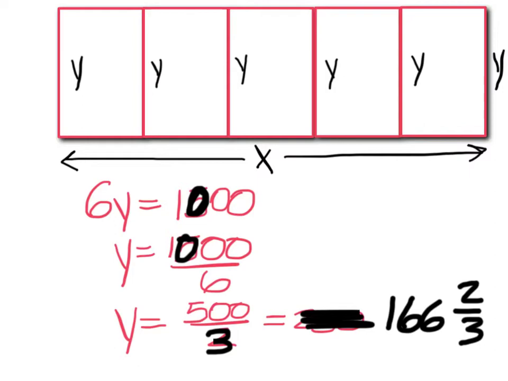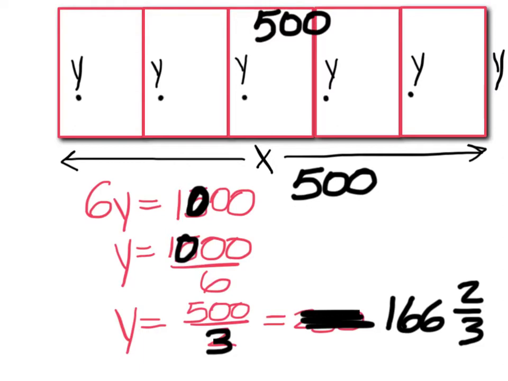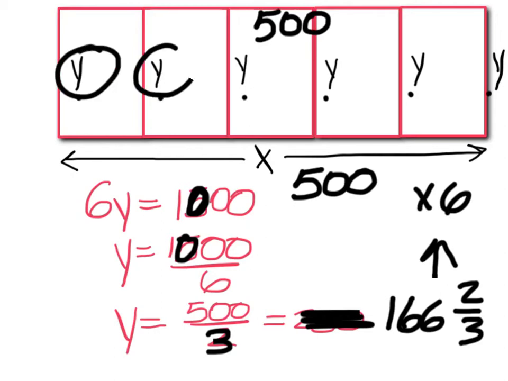Now with x coming out to be 500, that means you have 500 here, and then should be 500 on the top side as well. 500, 500, and then you have to go back and then put in your 166 and 2/3 all the way across there for y. If you multiply this by 6 to double check, then you should come out with 1,000.